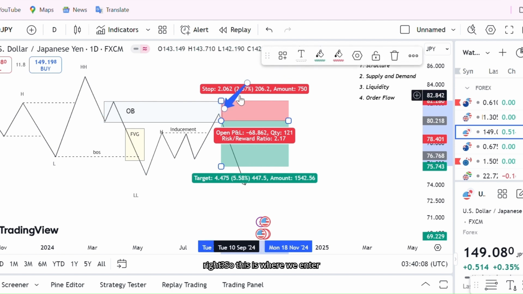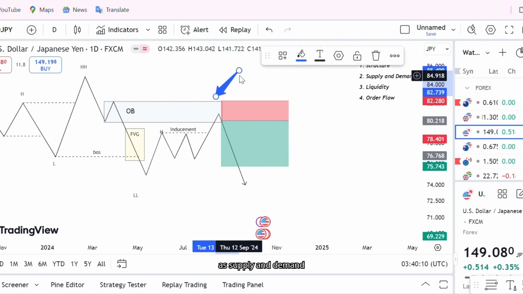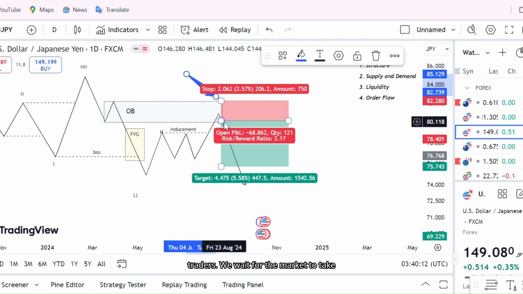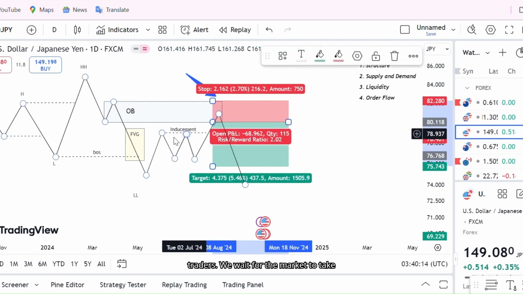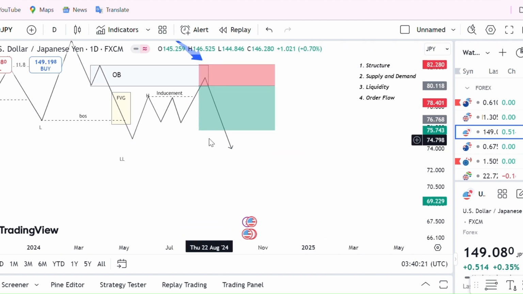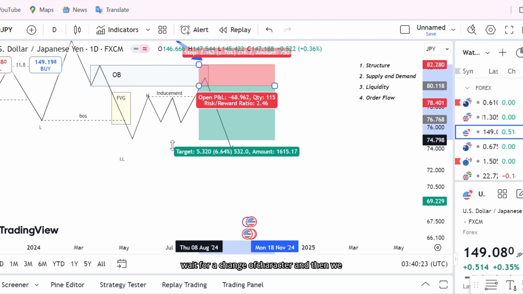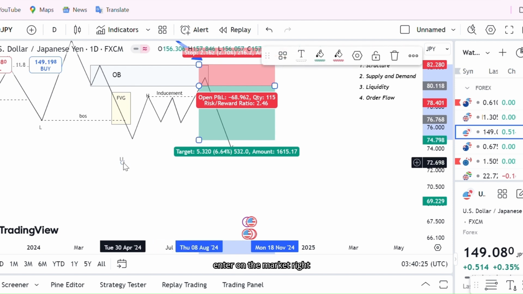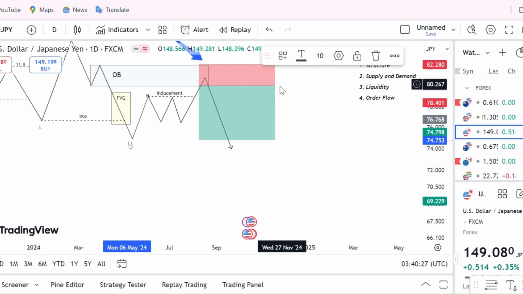So this is where we enter as supply and demand traders. We wait for the market to take out all these highs and get into our area, and then we wait for a change of character, and then we enter the market, right?